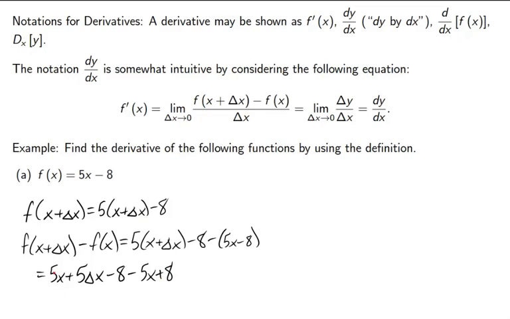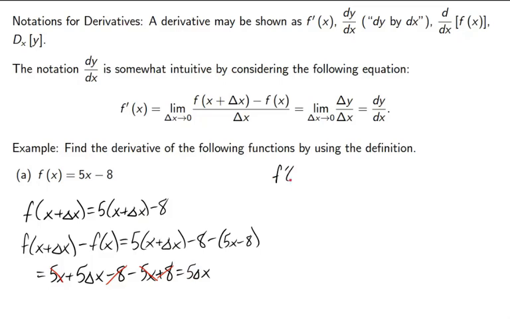You'll notice some cancellation occurs here. And I'll give you a hint. If you do this cancellation and you do not get rid of all the terms that don't have delta x in them, you've done something wrong. You should always be able to cancel out all terms with no delta x's. So we just get 5 delta x.